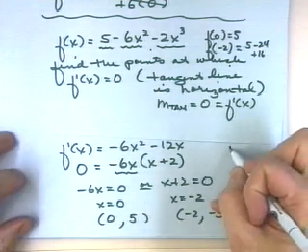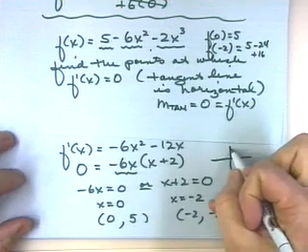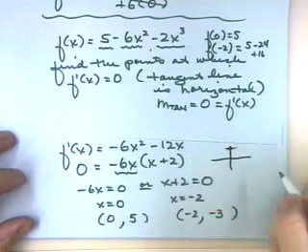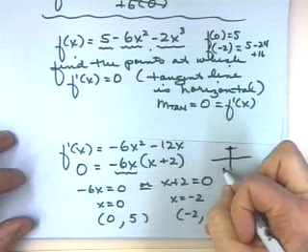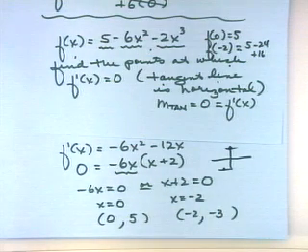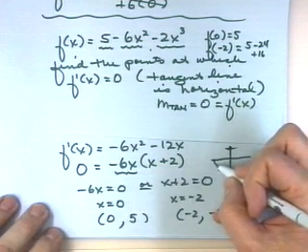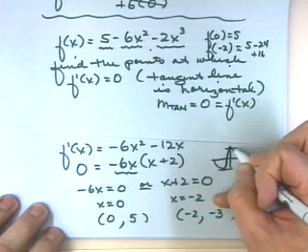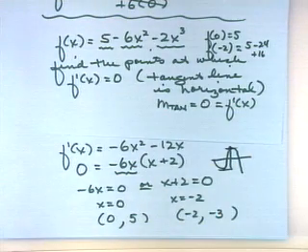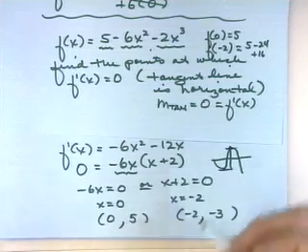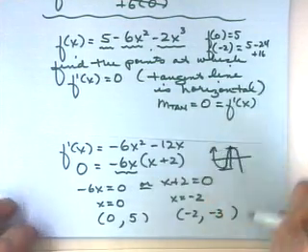So this graph at 0, 5 and at negative 2, negative 3 is flat at that instant. The slope of the tangent is 0. And we'll do more with this, but a quick picture might be something like this, right? That's a typical cubic polynomial, and we found the 2 places where in all likelihood it changes direction. So those are probably the 2 most important points.